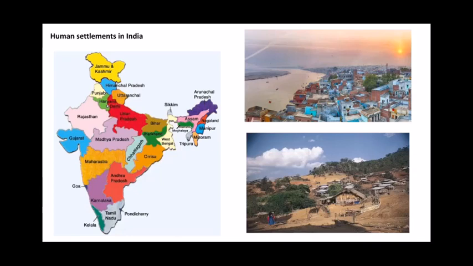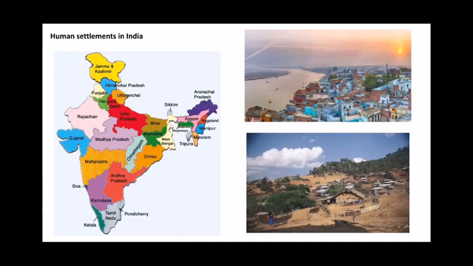Now, children, let's first learn about the human settlements in India. In front of you, you can see the map of India. In India, we find a variety of settlements, that is the patterns that we just revised: nucleated, linear, and scattered or dispersed.